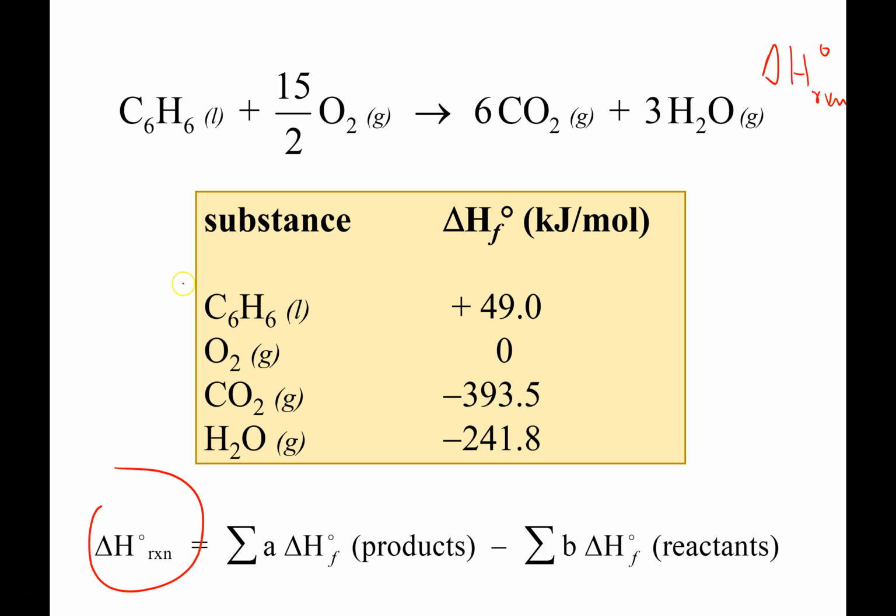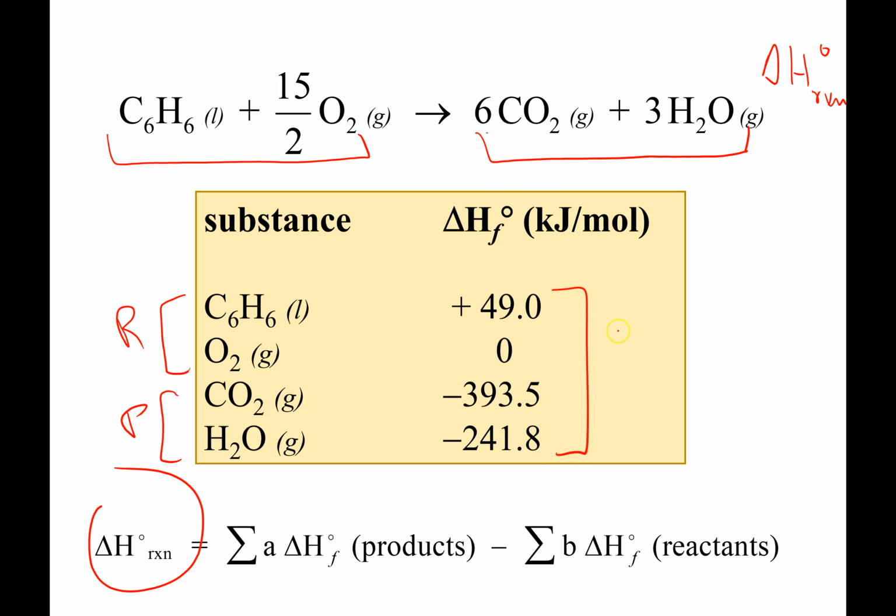Not to be confused, the first two things listed here are the reactants. I'll put an R there for the reactants. The next two things listed are the products. Just to get our bearings, this information came from the table.